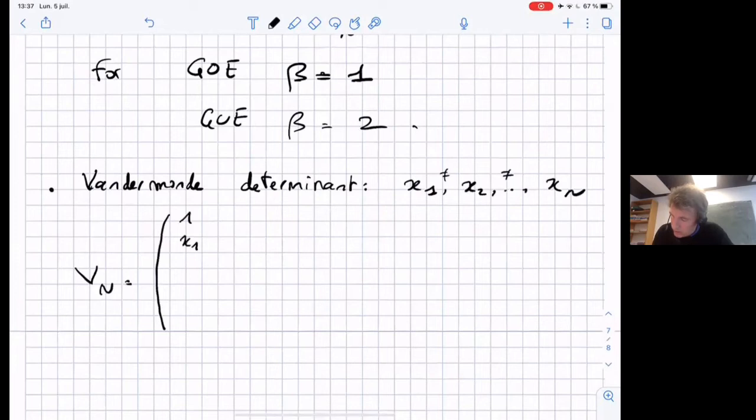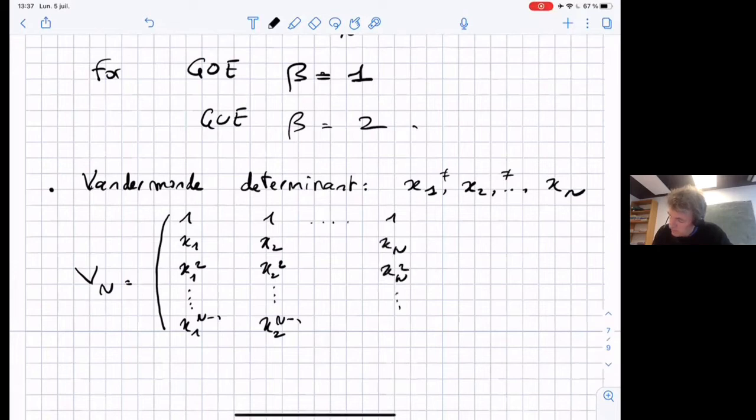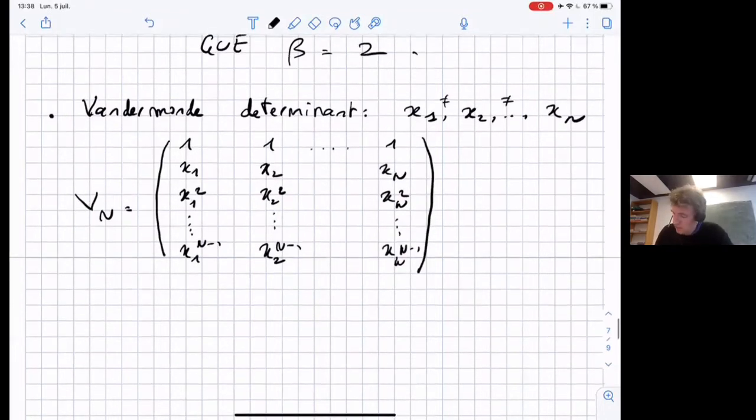I first consider the variable x1, and I consider 1, x1, x1 squared, x1 cubed, up to x1 to the power n minus 1. Then I do the same with x2, and I repeat that up to xn. So it's an n by n matrix, obviously.